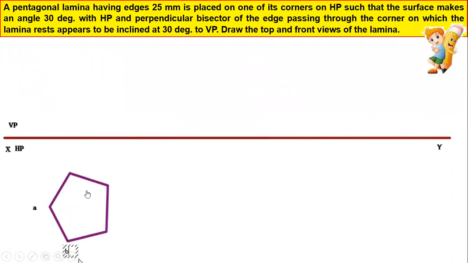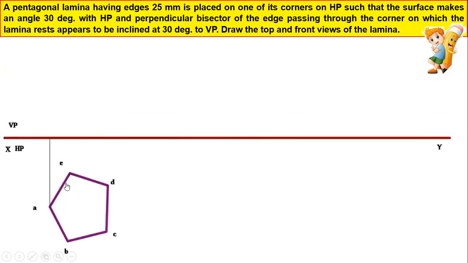First construct a pentagonal lamina of side equal to 25 mm and name the pentagon as A, B, C, D and E. Represent the pentagon through the visible line.